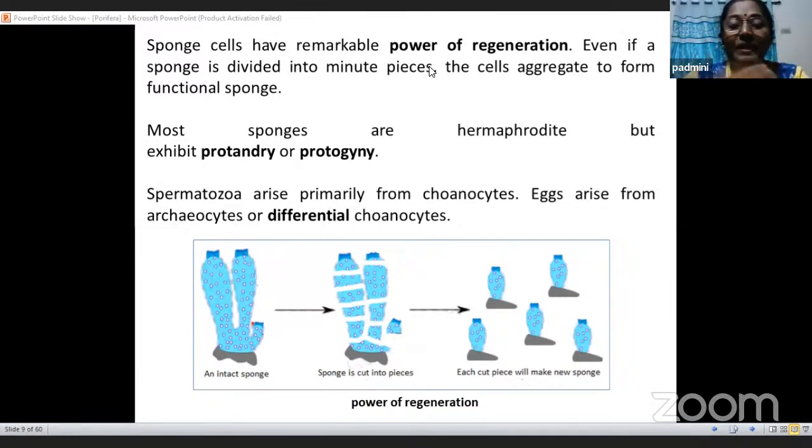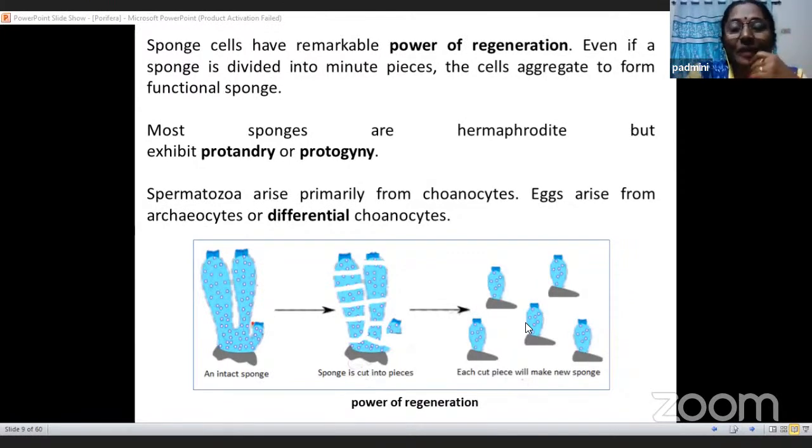But here, when you're talking about sponges, even if they are cut into so many pieces, each piece grows into a new sponge. Isn't it fascinating? When they can, why can't we? When we are chopped into two parts, why are we not able to grow the head part, the body, the tail, the leg part? Why is it not able to grow into a complete individual?